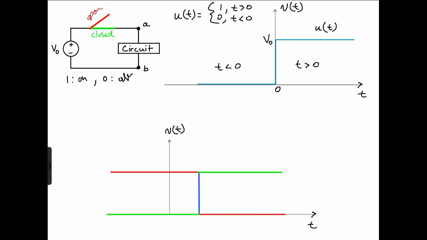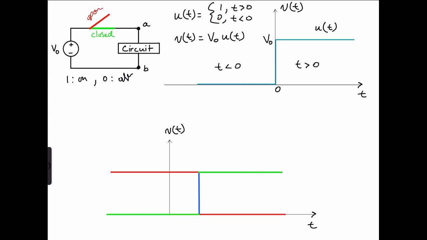So V of t is equal to V0 U of t, and U of t describes the action of the switch. Where the 1 is, we have V0, and V0 times 0 will be 0, so it doesn't change.